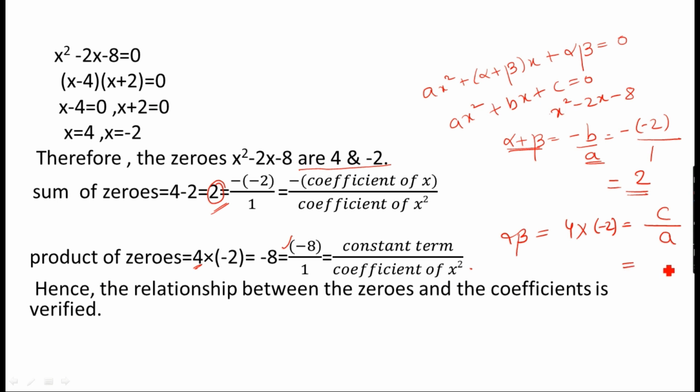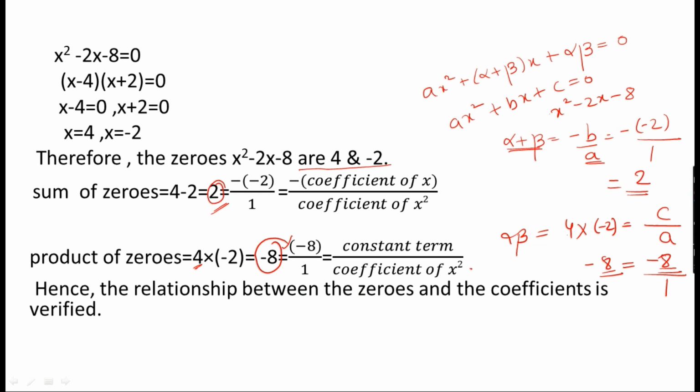C is nothing but our minus 8, and the value of a is 1. Similarly, 4 into minus 2, we also get minus 8. Therefore, these two terms are equal, and we get the product of zeros is equal to minus 8. Hence, the relationship between the zeros and the coefficients is verified.